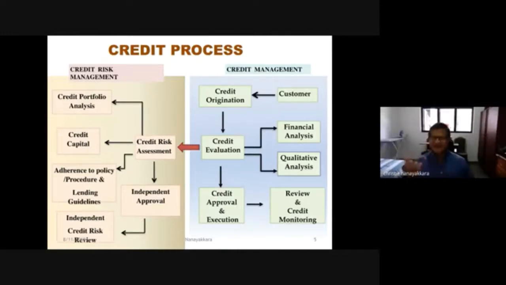Then in your application, you will ask about other financial obligations, including the amount of money for his living, and you deduct all that. Then you will arrive at a surplus, and that surplus should be sufficient to pay the installment. That's how you analyze it in a very simple way for an individual client.